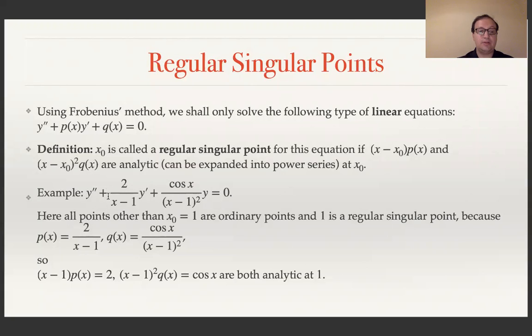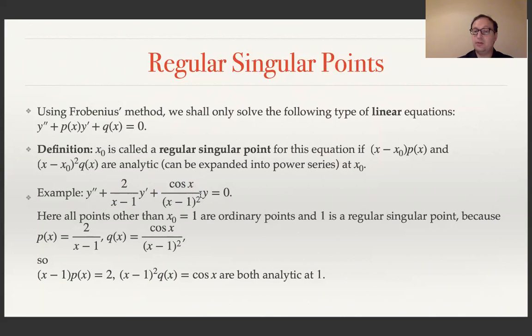y double prime plus 2 over x minus 1 y prime plus cosine of x over (x minus 1) squared y is equal to 0. So I tried to make it a more complicated equation. And here, all the points except 1 are ordinary points because we can expand these functions, 2 over x minus 1 and cosine x over (x minus 1) squared, into a power series around any point other than 1.